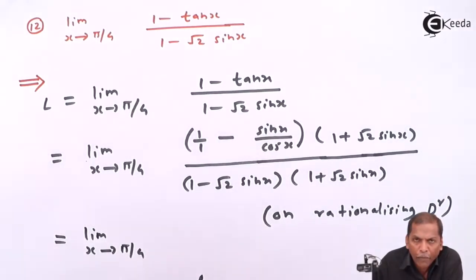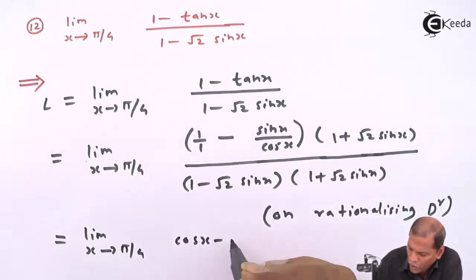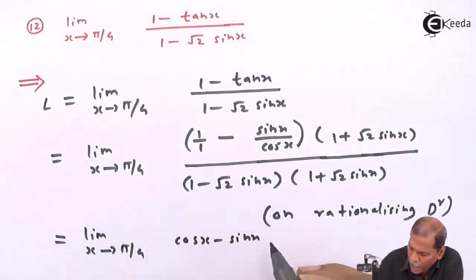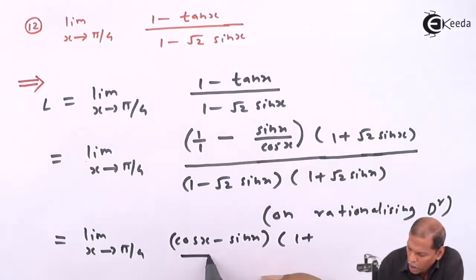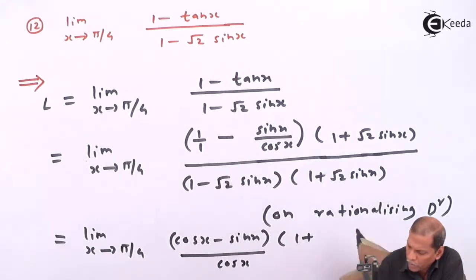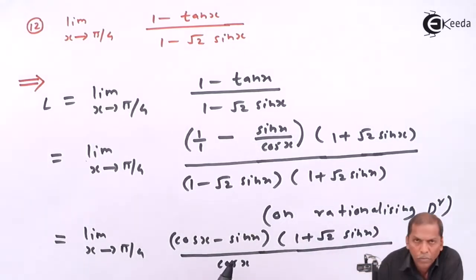Now in the first bracket we cross multiply. So on cross multiplying we get (cos x minus sin x) upon cos x, then (1 plus root 2 sin x) in the second bracket, upon.